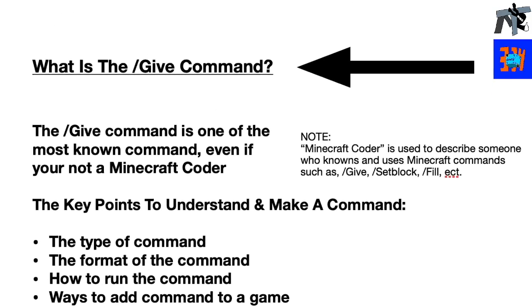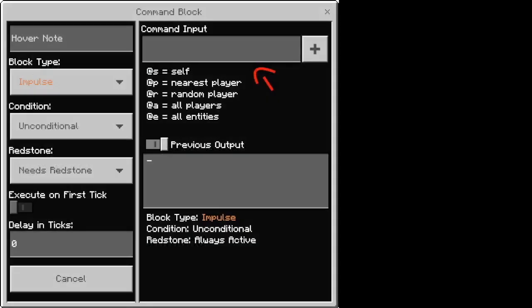But let's go ahead and go to running a command in the command block. With this, you have your command input, which is where you enter the command, just like in chat, except it's in an actual block. You have the command output, or the previous output, and you can turn this off.